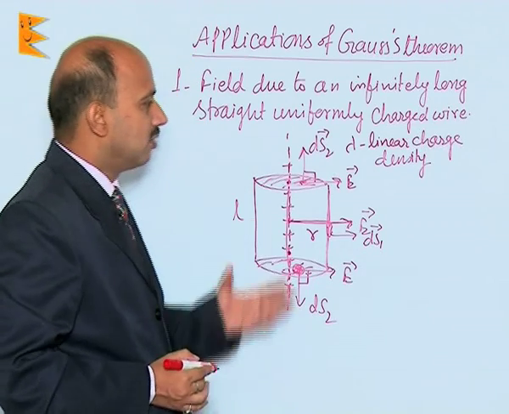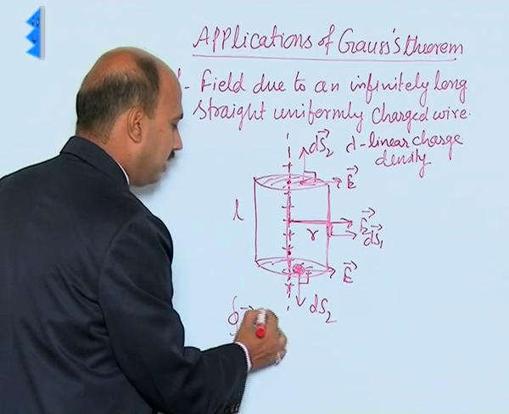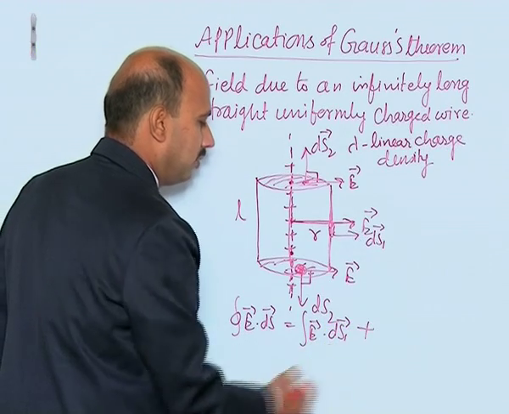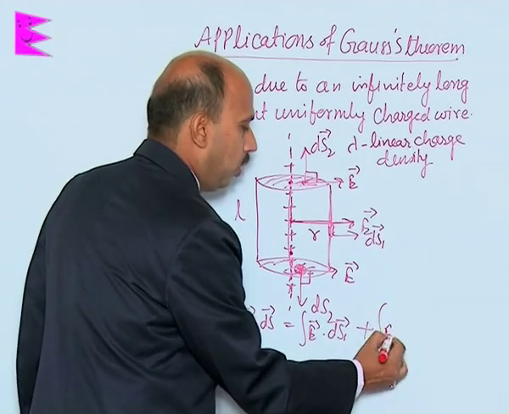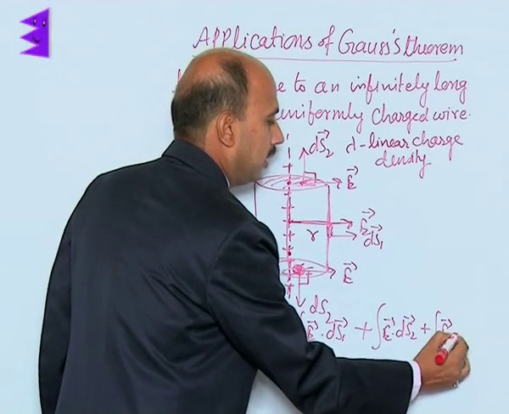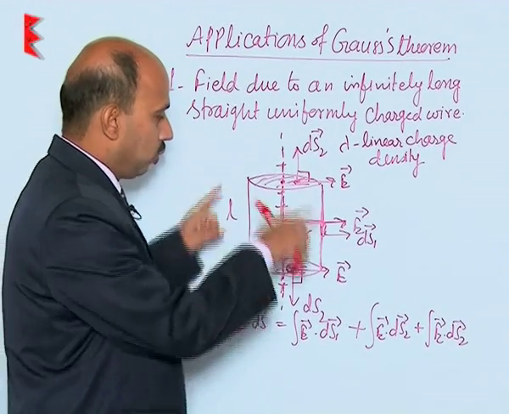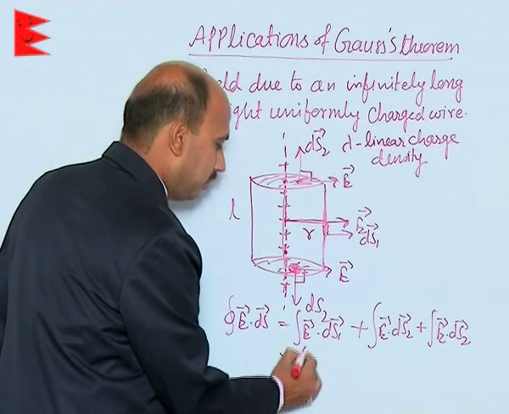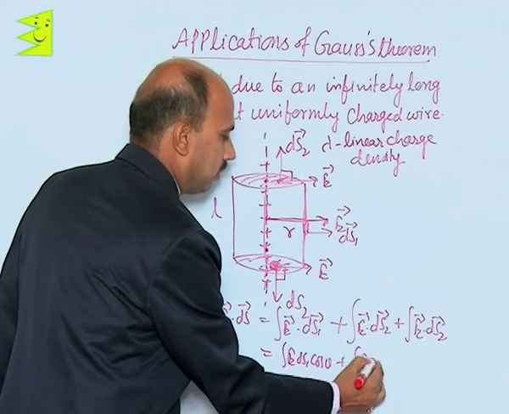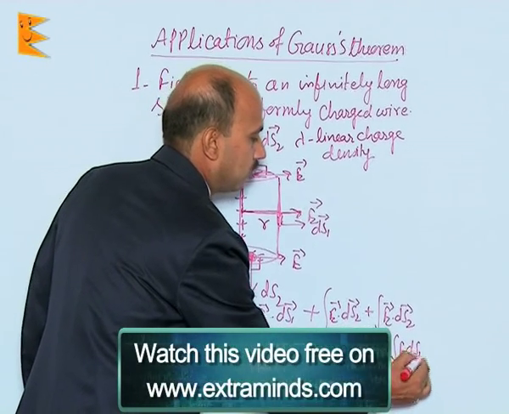So we can write the total flux, the integral of E dot ds, as E dot ds1 plus E dot ds2 plus E dot ds2. This is the total flux through the closed surface. Now we can write E ds1 cos theta plus E ds2 cos theta plus E ds2 cos theta.